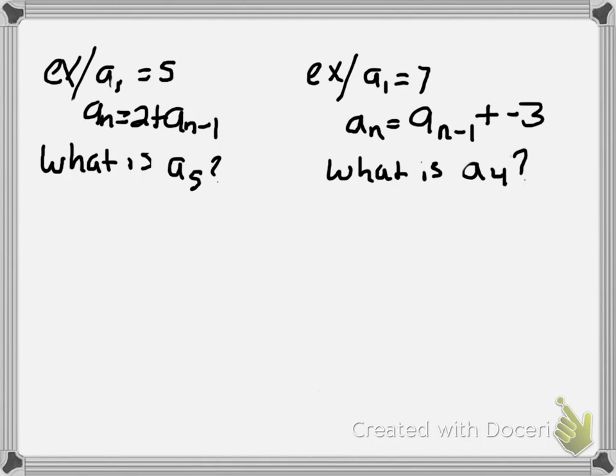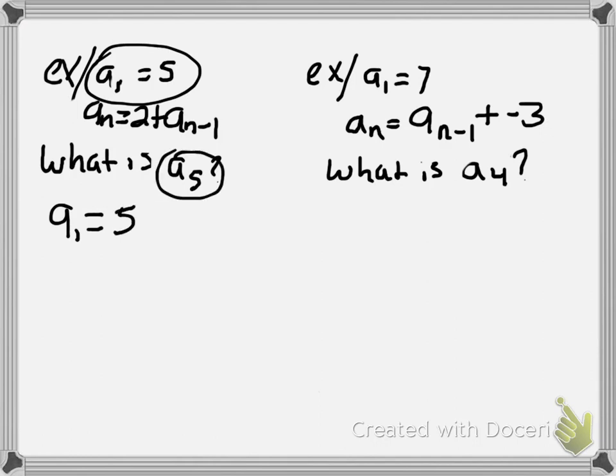When I go through and do these, I basically just list what I have first, which is my a sub 1. Even though it looks like a 9, my a sub 1 is a 5. And I just keep the list going until I get to whatever number it's asking me to find. So I started at a1, then I'm going to go to a2, a3, a4, and a5.